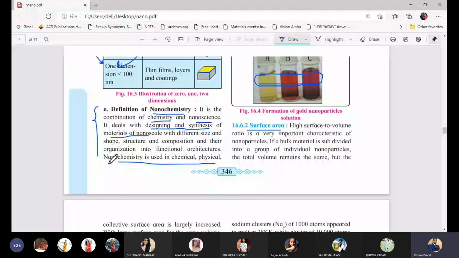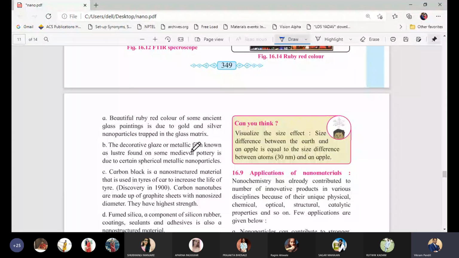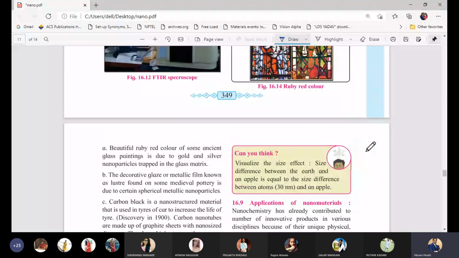So let us imagine there is an apple and the earth. I think this explanation is given somewhere here. See, if you draw the size of the earth and an apple like this, what is the relation here? How many times larger is the earth? That type of relation is there between this apple and a nanoparticle. See, a nanoparticle is a very small particle.